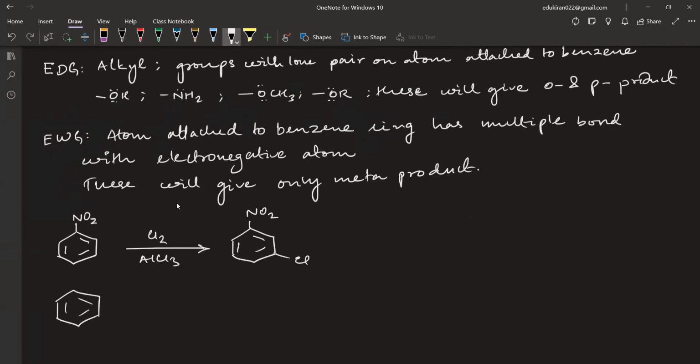Similarly, other examples would be if you have COOH, Br in the presence of FeBr3, you get Br here. Okay, so please write this down. Let me know when you're done.